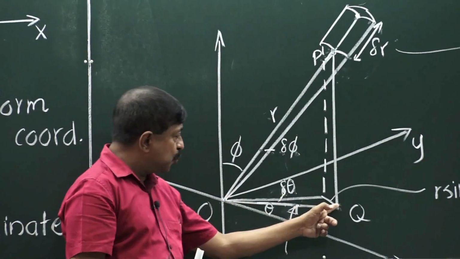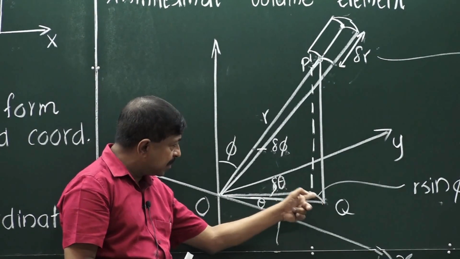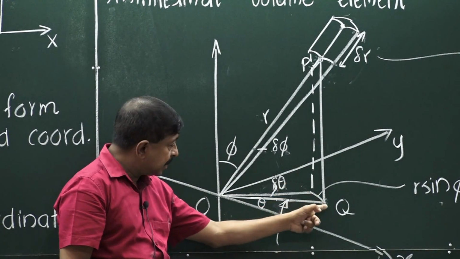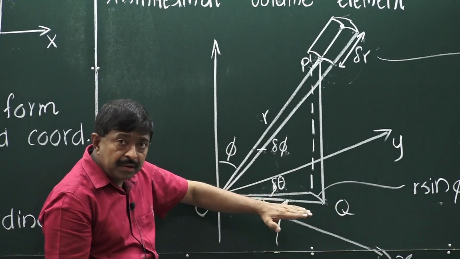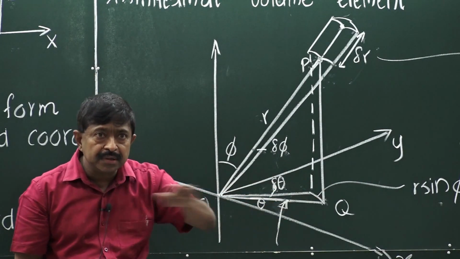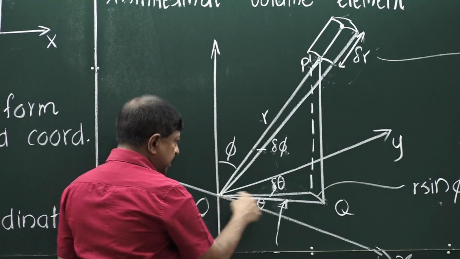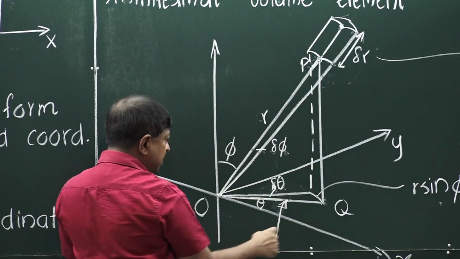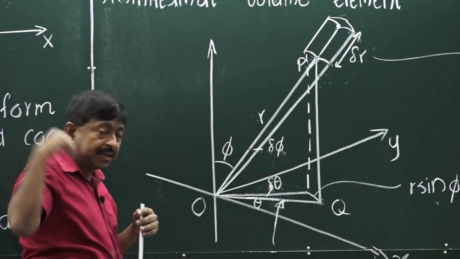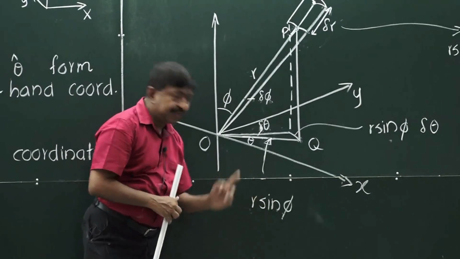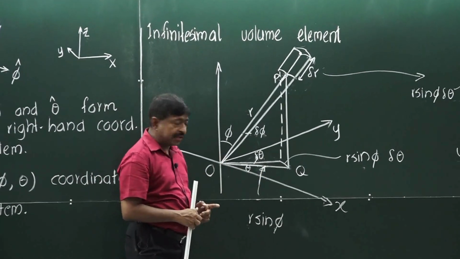Look, you move along the circumference of a circle. The radius of the circle is given by OQ, because to increase theta, you have to move along the xy plane. The length of OQ, we saw it earlier, is r sin phi. Therefore, the radius of this circle is r sin phi.